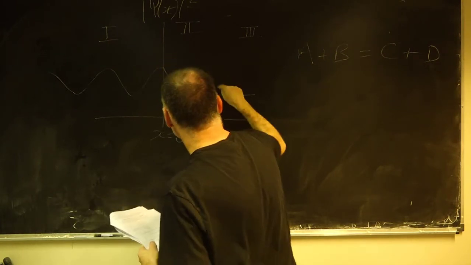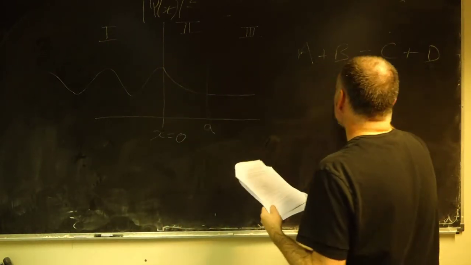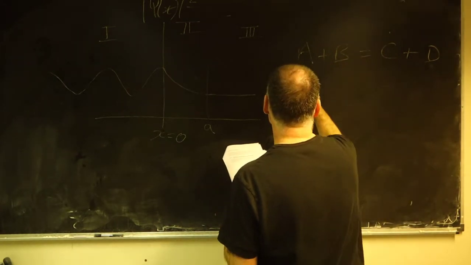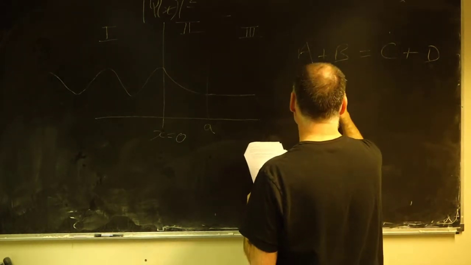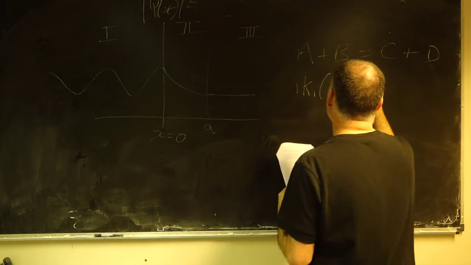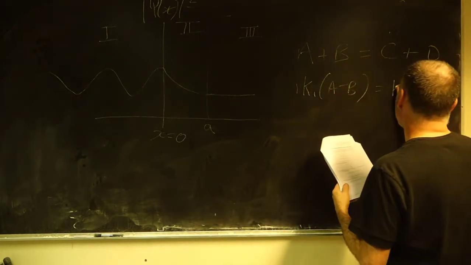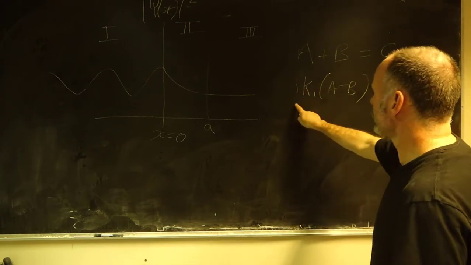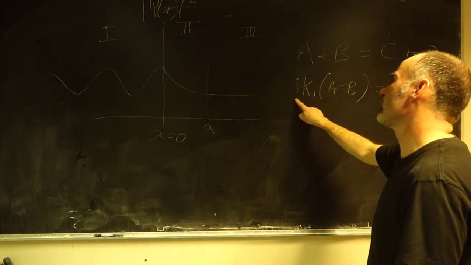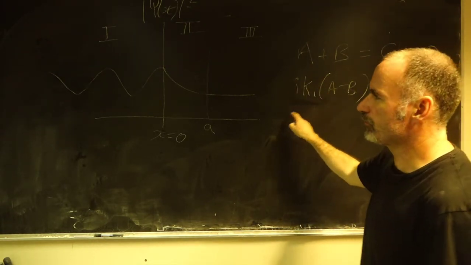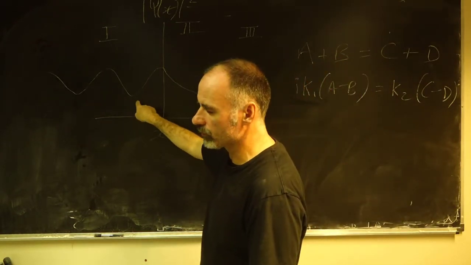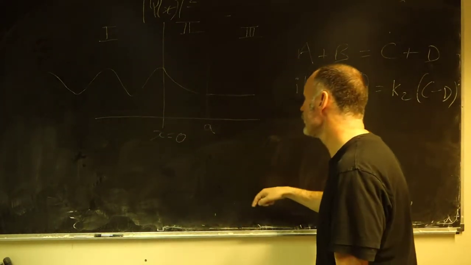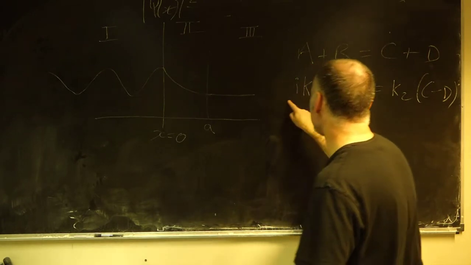so if we match here and here, that's if we match the wave function. If we match the first derivative, what we're going to get is this: ik1 (a minus b) equals k2 (c minus d). You can hopefully see where this comes from. Taking the first derivative, it's oscillatory here, so we've got a complex exponent, hence we get the i coming out.